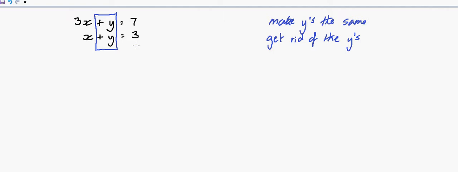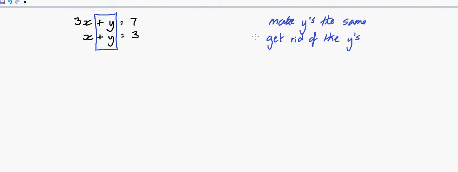And that's what I want. I want to find out what x is so that I can then put it back into one of these equations and find out the value of y. So this is always done the same, well, for me it is. I always make the y's the same and I always get rid of the y's.